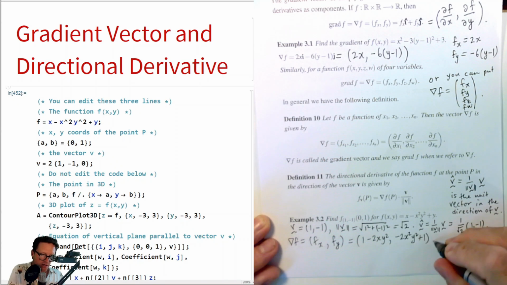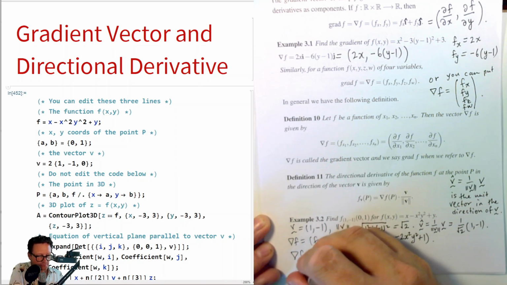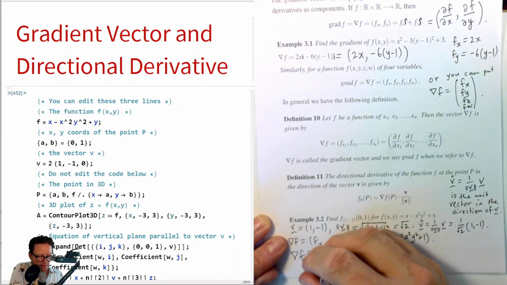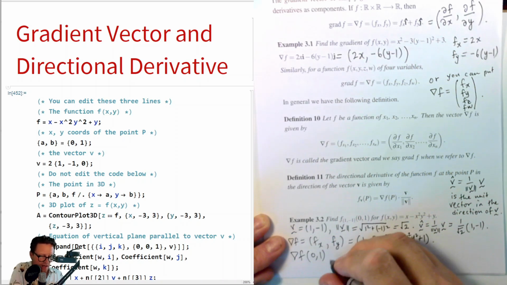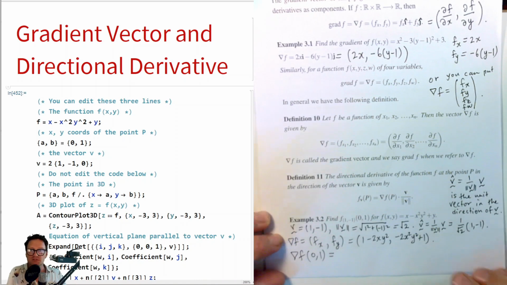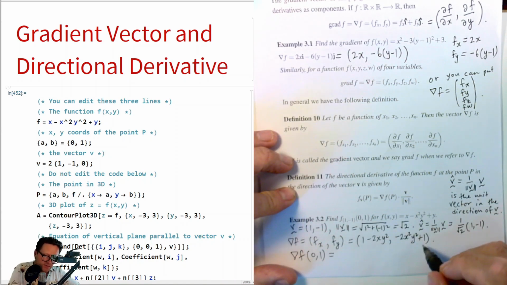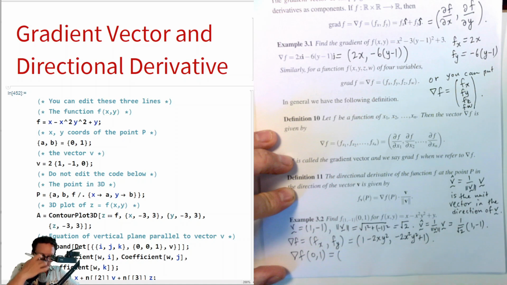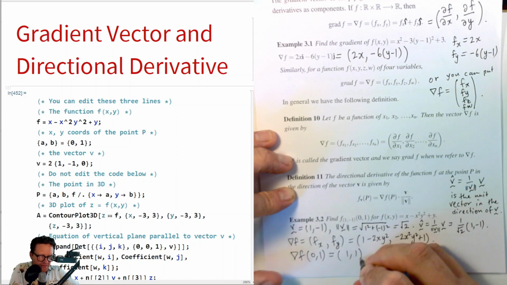Okay, now evaluating this at the point p equal to (0, 1), we're just subbing in x is 0 and y is equal to 1 in this formula. And we've got, let's see, x is 0, so this is just 1. If we put x is 0 here, we've got 0 for this part, and then we've got a 1 there. So 1, 1. So we have the vector (1, 1).